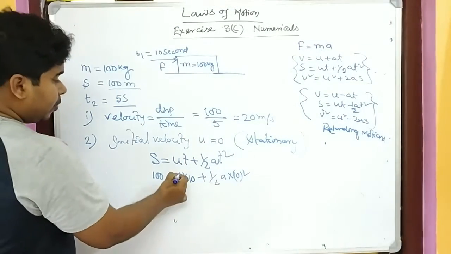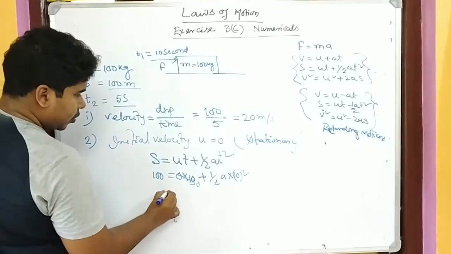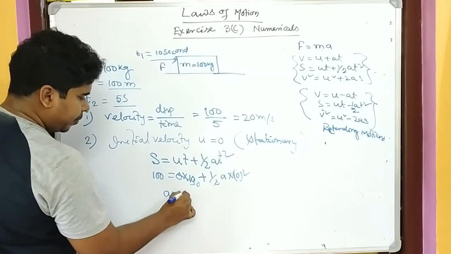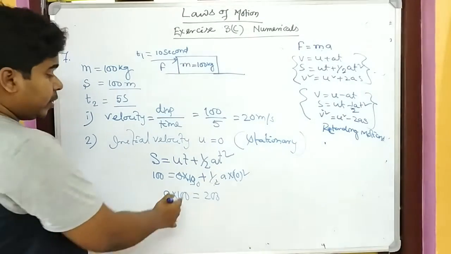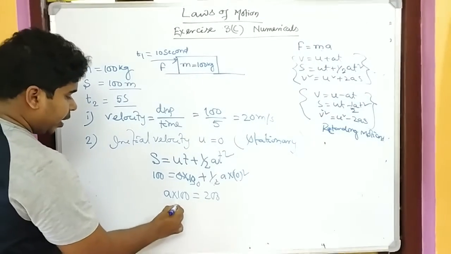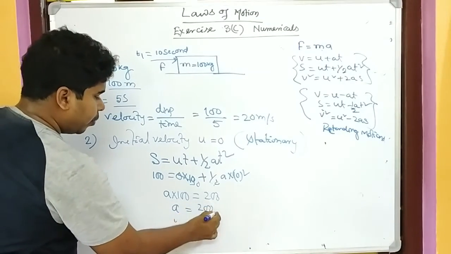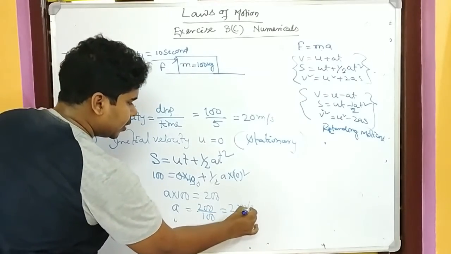Now if 2 is multiplied here, a into 100 equals 200, since 10 square means 100, multiplied by 2 is 200. So a = 200 by 100, which is 2 meters per second square.